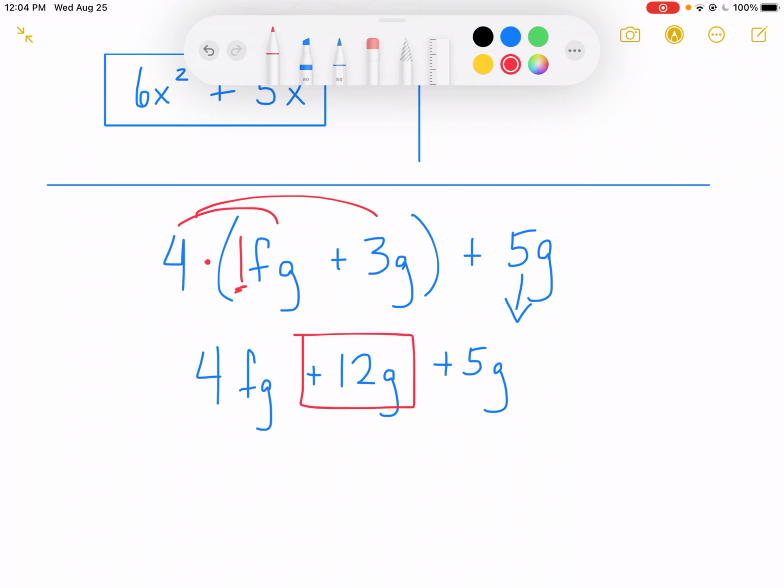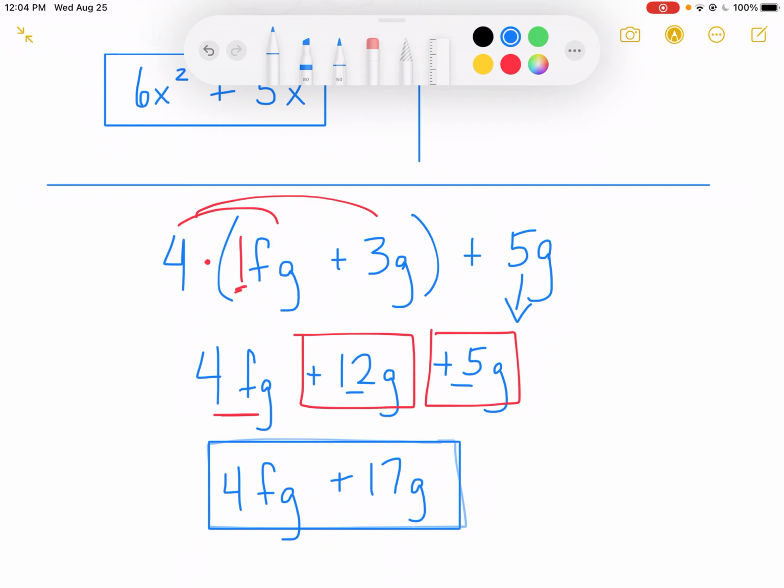So we have 12g and 5g, both to the first power. Can't do anything with this out here, so we have to leave it. 4fg plus, now 12 and 5 adds up to 17g, and then I have to stop right there. That's as much as I can simplify it. All right?